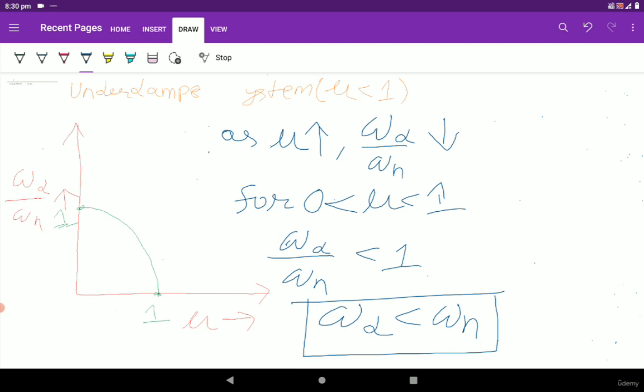Now let's plot the graph between the displacement with respect to time. I'll make this first.